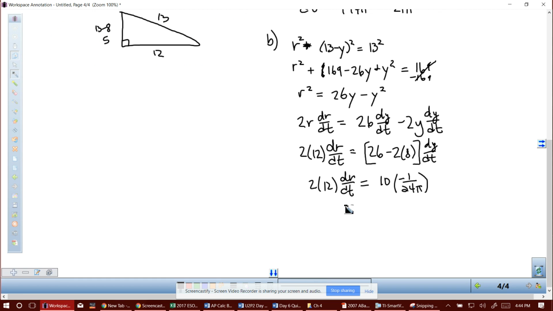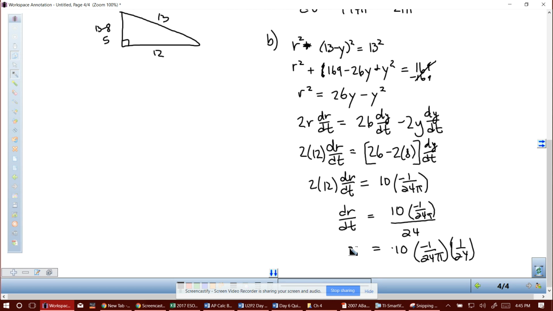So as I simplify this, dr/dt would be 10 times negative 1 over 24 pi, divided by 24. Think about keep it, change it, flip it. Let me make sure I got all my units right here. Then I'd end up with 10 times negative 1 over 24 pi times 1 over 24.